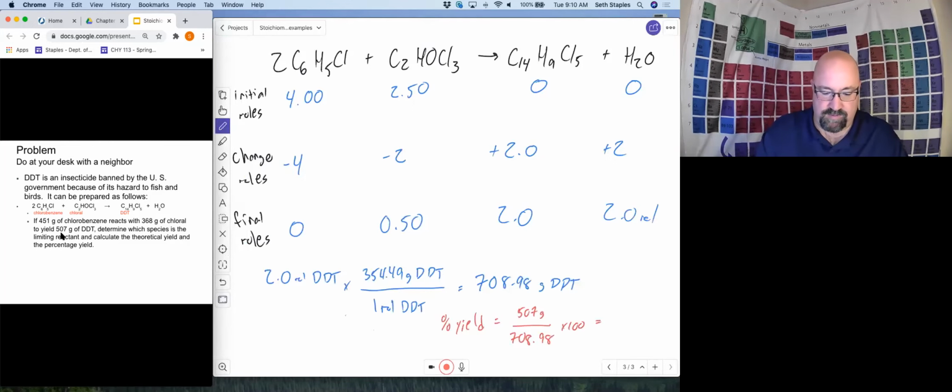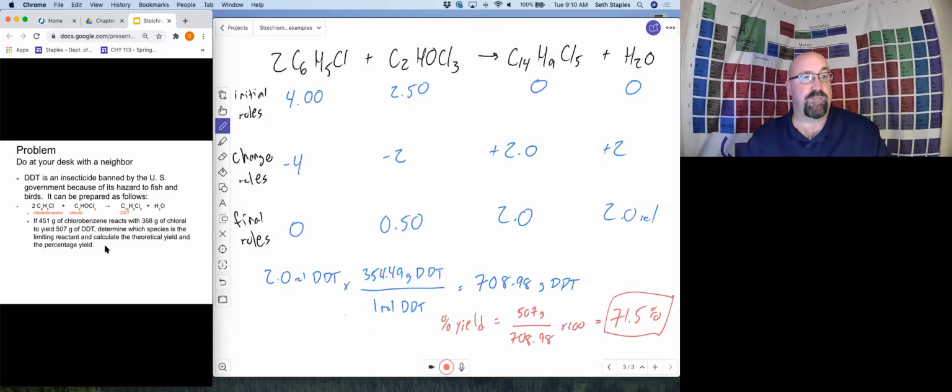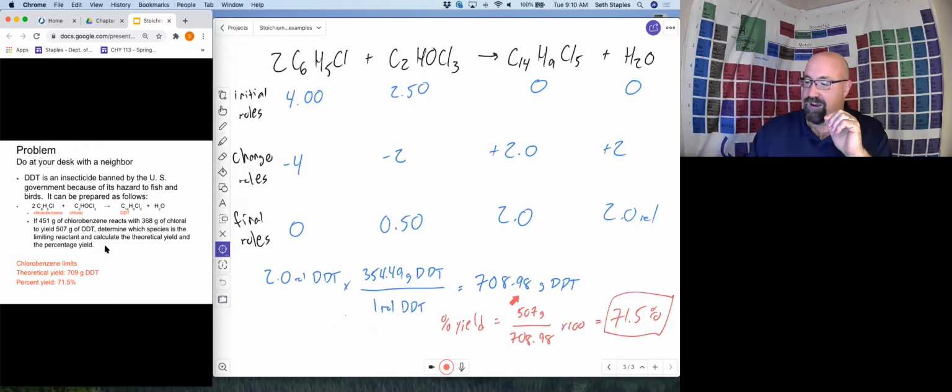And so I end up with a percent yield of 71.5%. Let's see if the answer agrees with us. Chlorobenzene limits, my theoretical yield, 709 grams, which is correct. Once we account for sig figs in our answer here, this would be converted to 709. And then our percent yield of 71.5%.